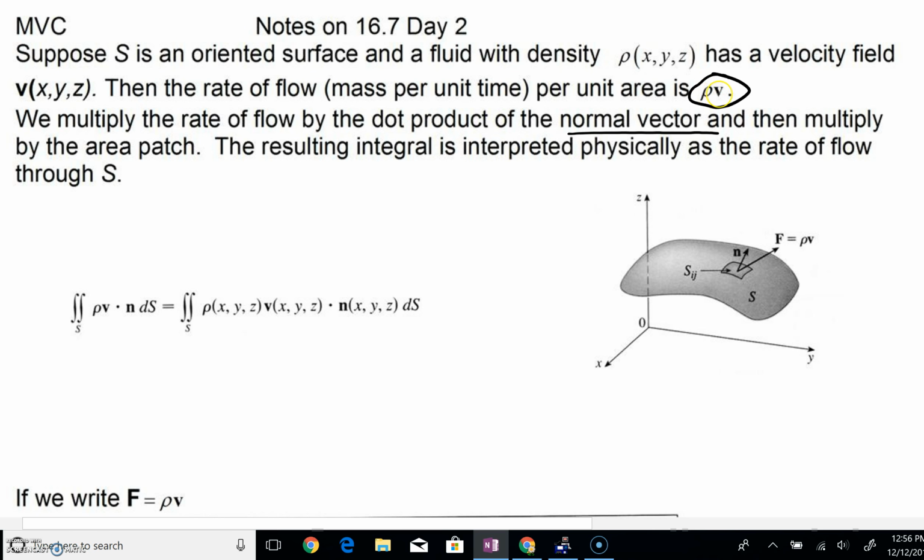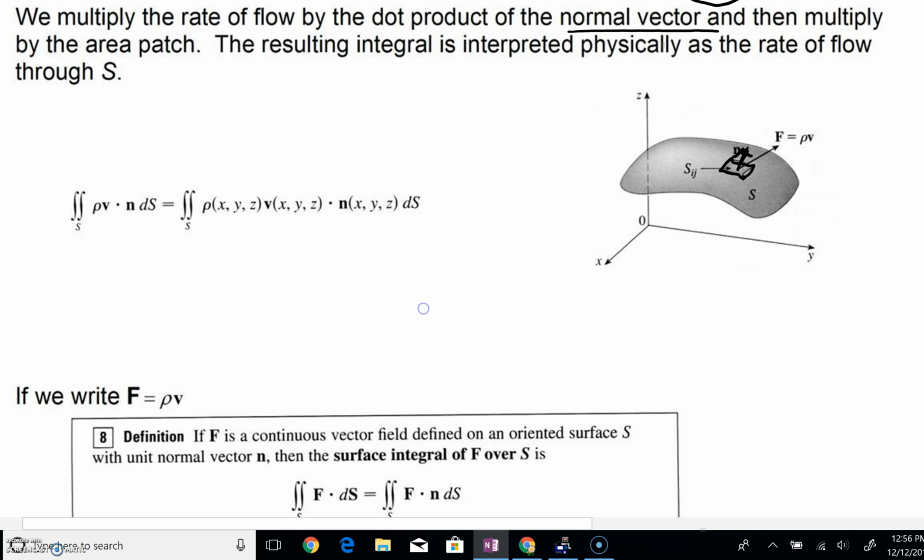So rho v, if we were to multiply that by really the most simple vector that we could come up with, that normal vector, and make it have a length of 1. And then if we were to multiply it by that little area patch, that resulting integral is going to be interpreted physically as the rate of flow through S. So that's really what we're coming up with right here.